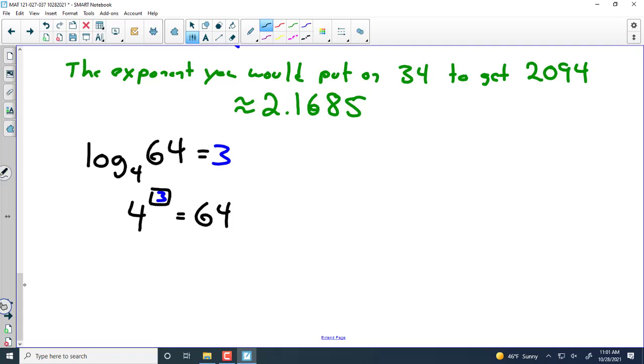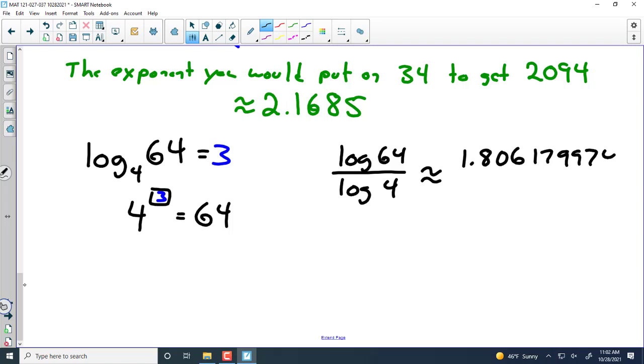But this is interesting, everyone. If you did ln of 64 over ln of 4, actually I'll do it the same way I did my notes. If you do the log of 64 over the log of 4, what you actually get is something approximately equal to 1.806179974 all over 0.602059991.